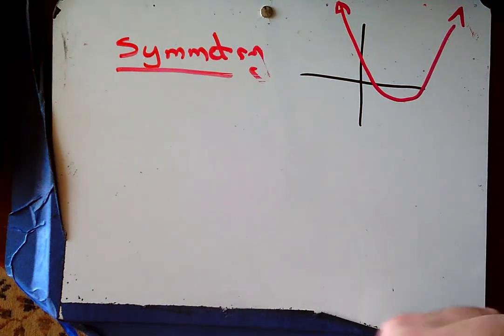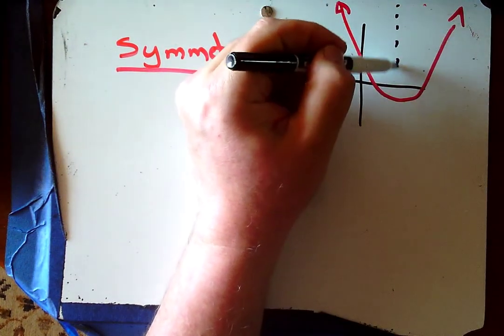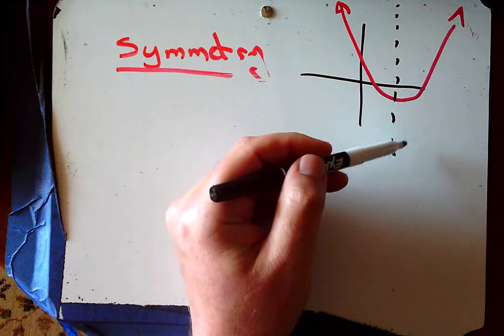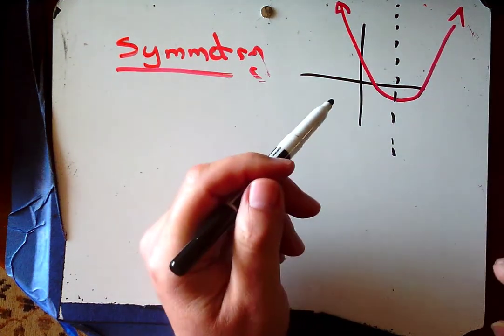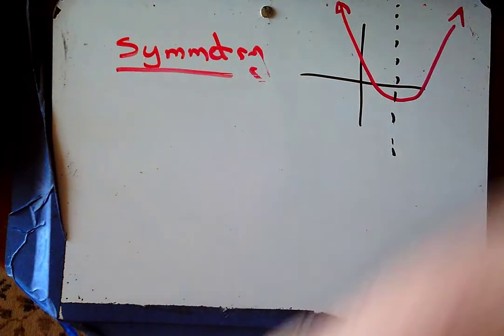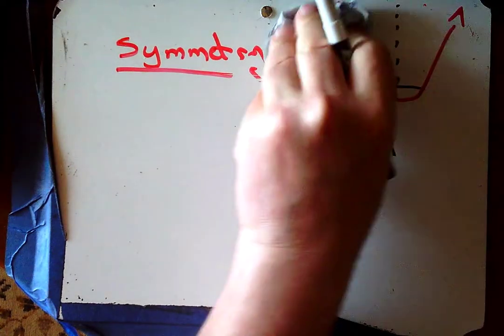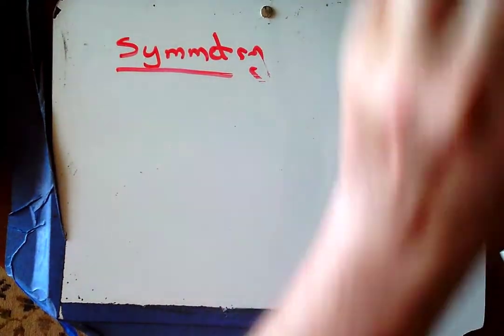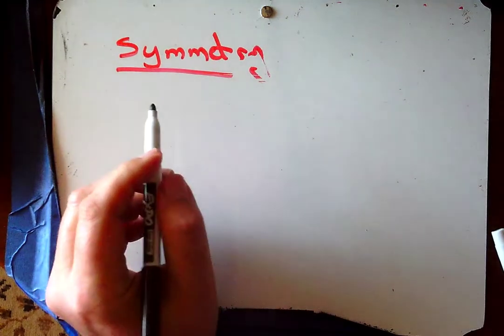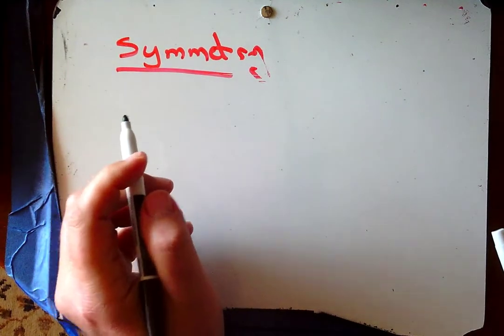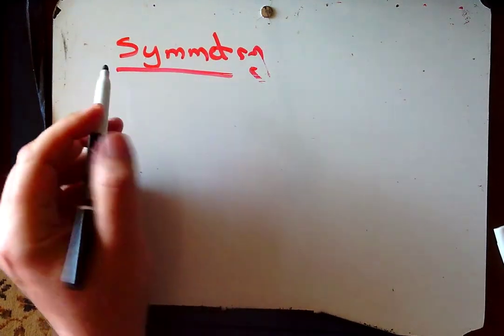This parabola has an axis of symmetry that runs down the middle, but that line of symmetry is not the x-axis, not the y-axis, and I'm definitely not going through the origin. So x-axis symmetry, y-axis symmetry, origin symmetry, or none of the above. Those are our choices in these next few problems.